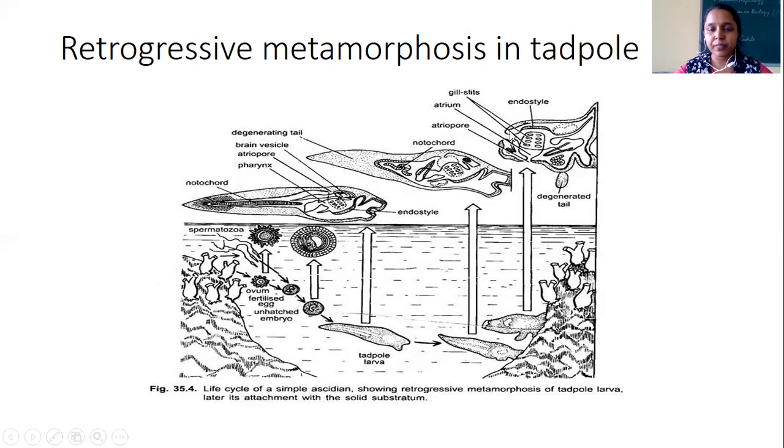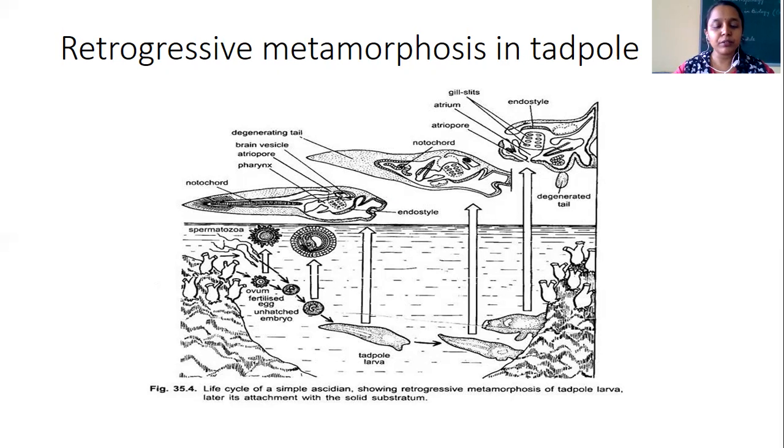When we look at the adult, we can differentiate and locate the dorsal, ventral, anterior and posterior ends in a different manner. That is the reason there is a 90 degree rotation of the mouth from one end to the other during the development of the larva, because the region attached to the substratum, the adhesive papillae, grows faster than the opposite end. So these are the retrogressive changes that we see in the retrogressive metamorphosis of the tadpole.